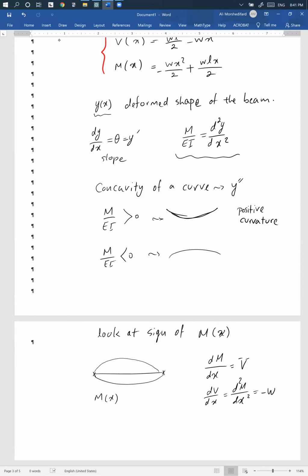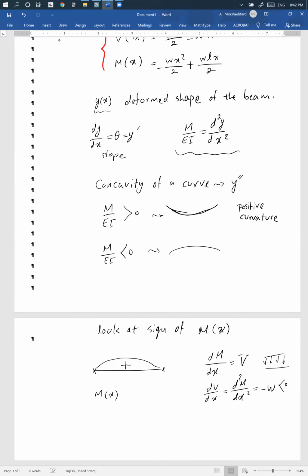W is positive for beams when it's pointing downward, right? W is always positive. So the second derivative here is negative. So this one is out of the picture. So this is your moment diagram. Your moment is positive throughout the beam.